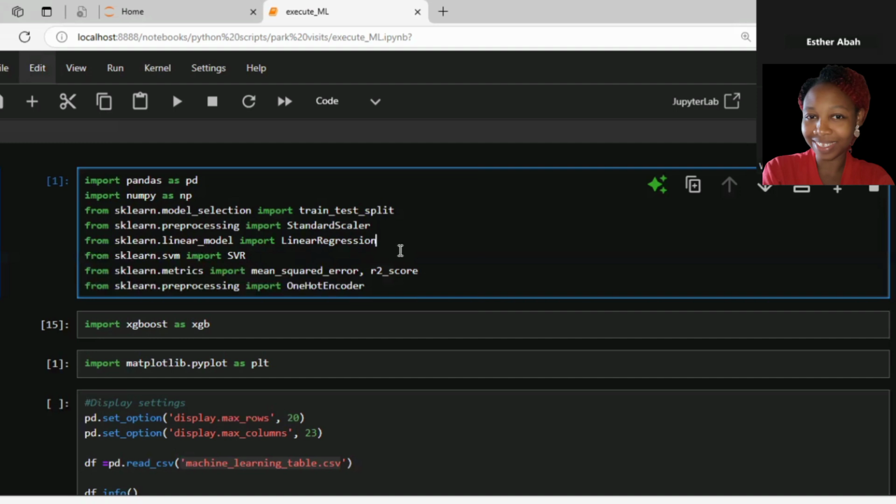Now, machine learning is not that difficult. What makes it stressful is working on your parameters, that is your models, to make sure they predict as accurately as possible.